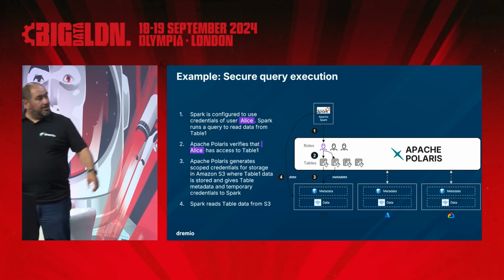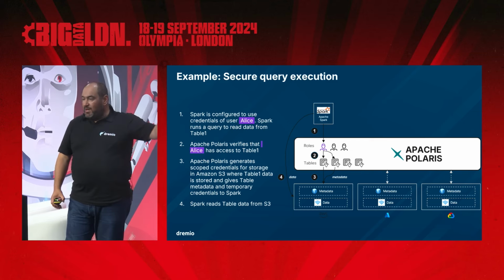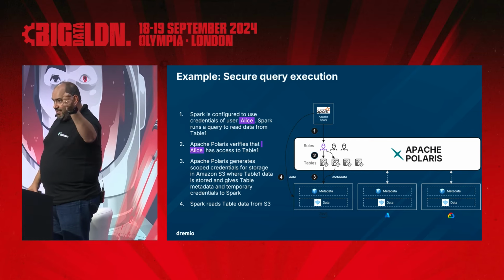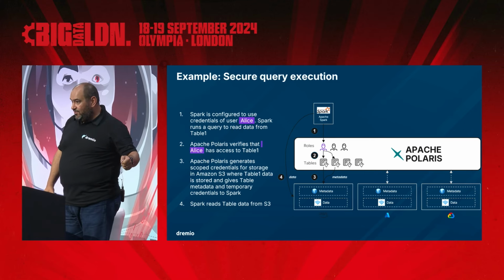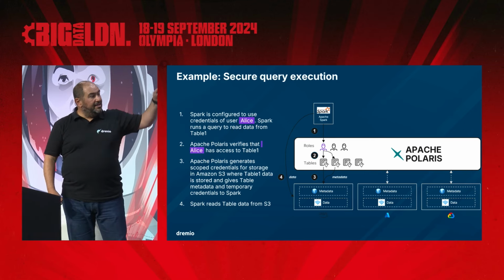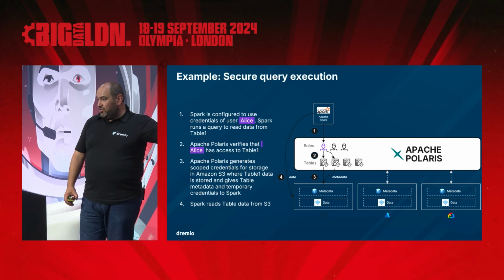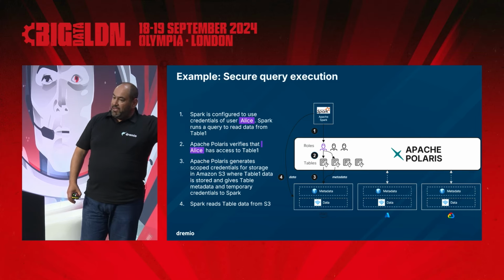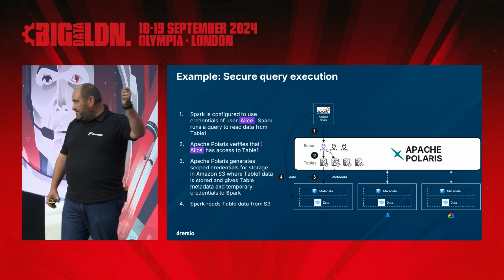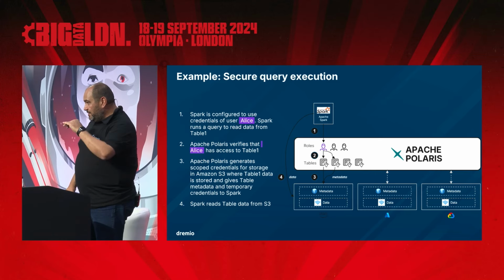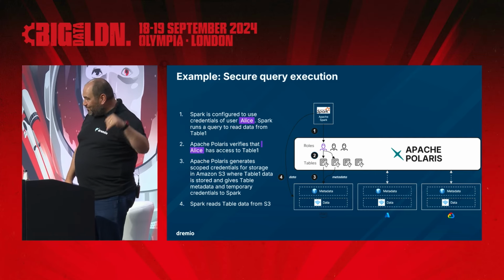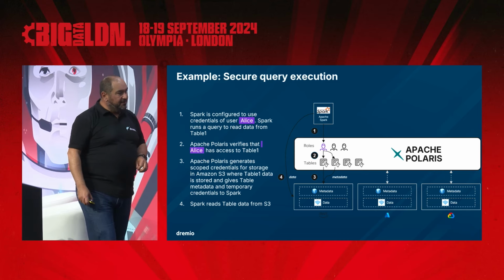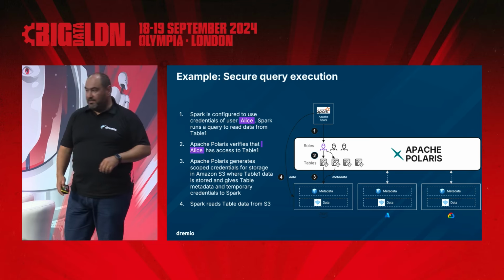Polaris says, this is what I have in my metadata, so I know whether Alice, using Spark, can access this table or not. If yes, then it passes the credential to Iceberg and to S3, executes the query, and returns the result to Alice. If not, it's managed by Polaris, and Polaris will block. So Alice will never go directly to Iceberg. That's the kind of thing we can implement easily in Polaris.